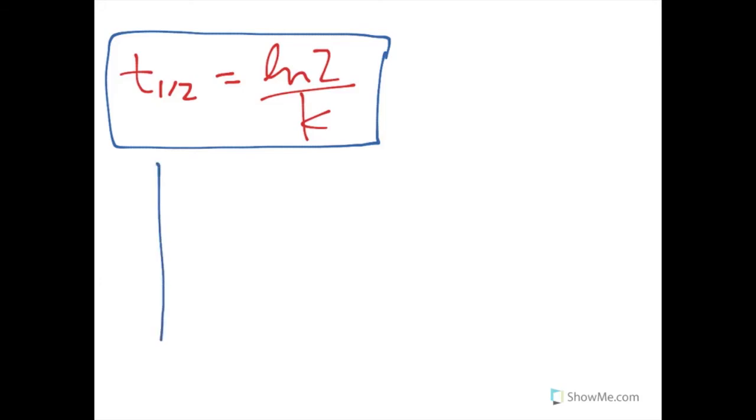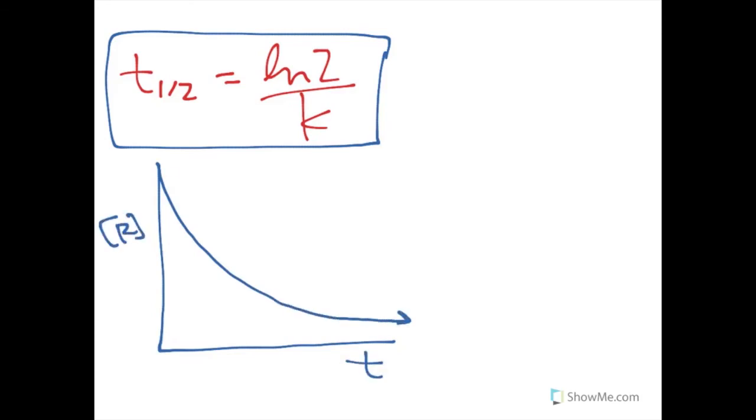If you go back to a plot, like so, we can just do this kind of by hand here. If I take about half of what I started with, I get to this first time.